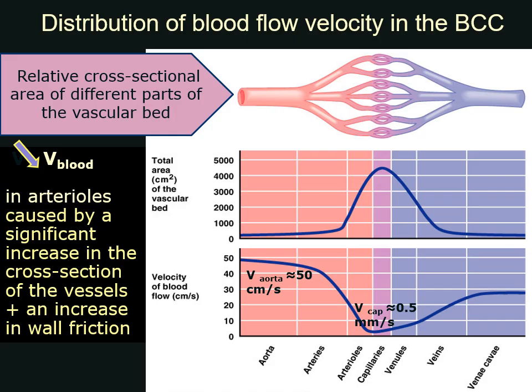Then, as you move along the aorta, the large main vessels, look, the speed drops. A significant slowdown in the blood flow rate is observed when crossing the border between the artery and the arteriole. This is the steepest drop, namely at the transition from arteries to arterioles.